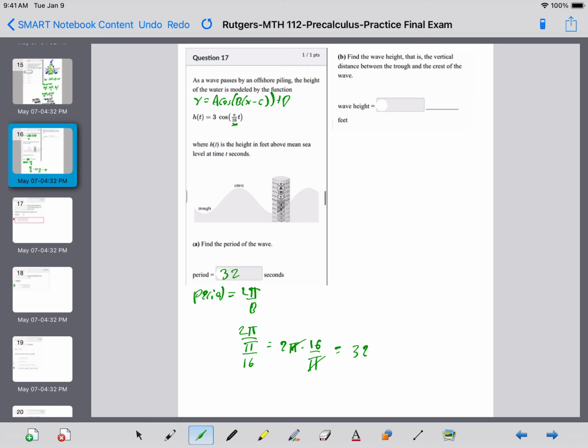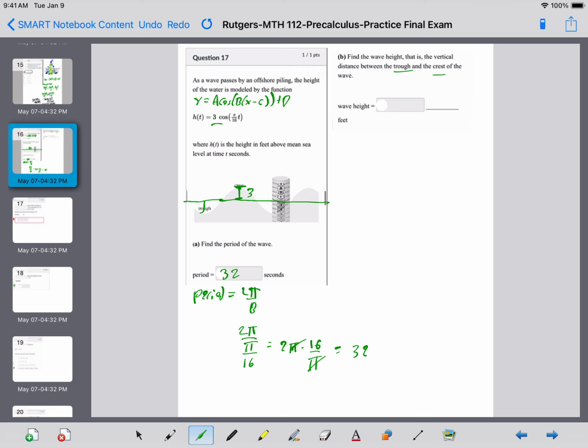Now your wave height, that is between the trough and the crest. So the midline is at 0 because there's nothing being added. There's no plus d. So we'll split it down the middle. Your amplitude is 3. That is the vertical distance between your extrema to the midline.